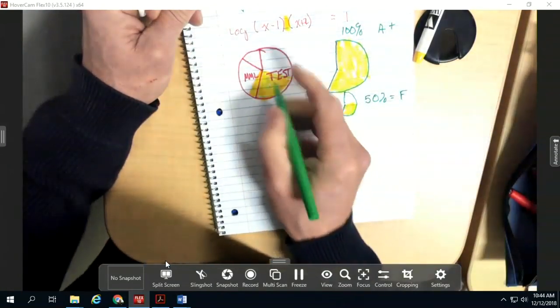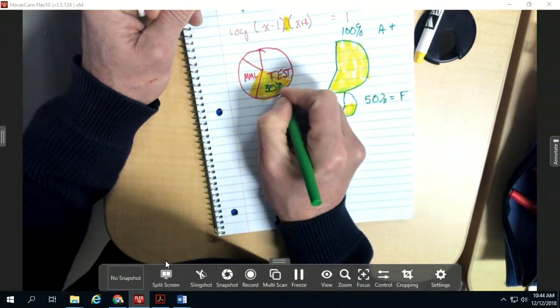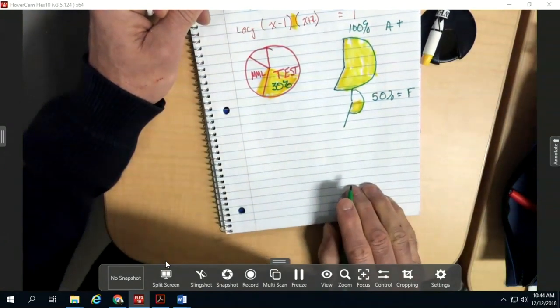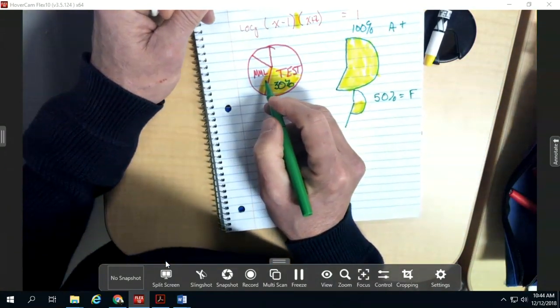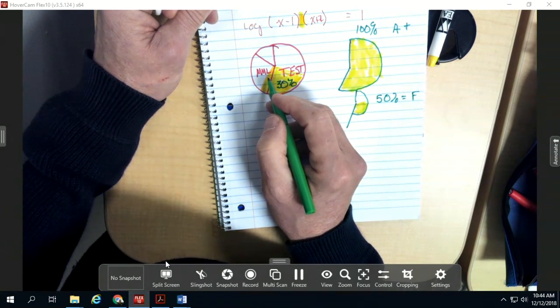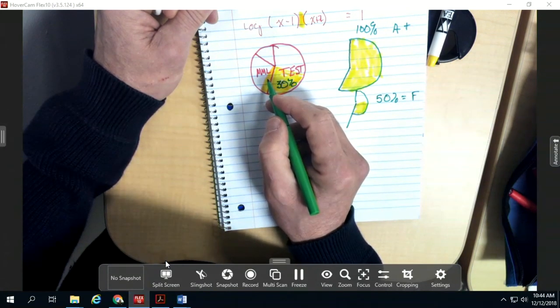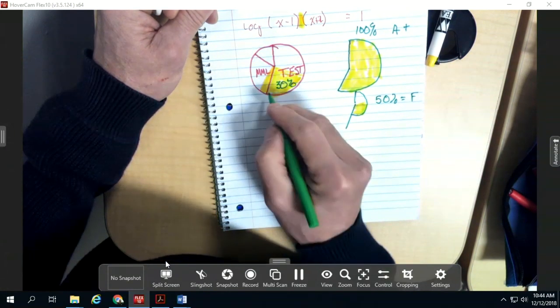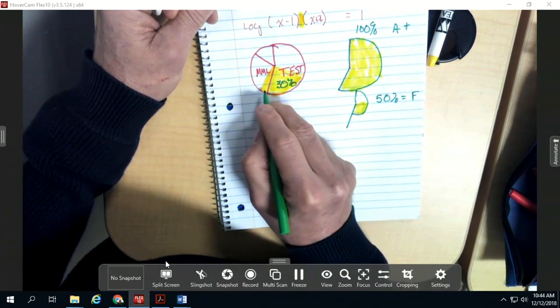Well, half of 60% is 30%, right? You said you had 30 out of 88 left to do here. Okay, so you've done about a third of them, right? But there's 30%.